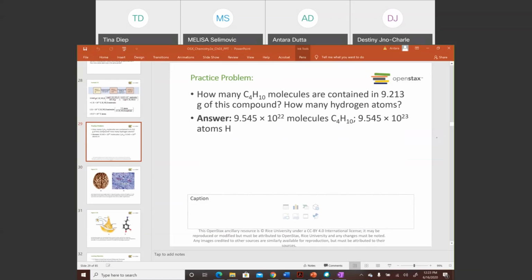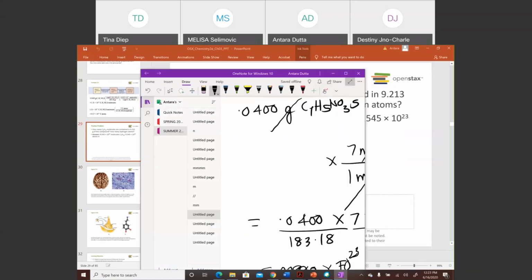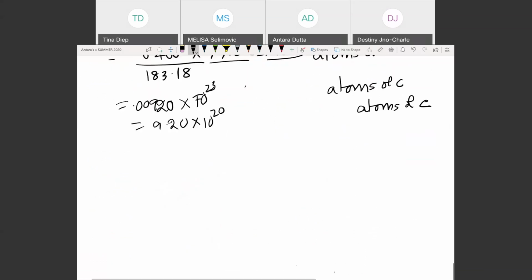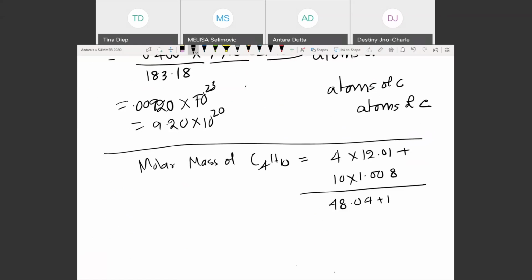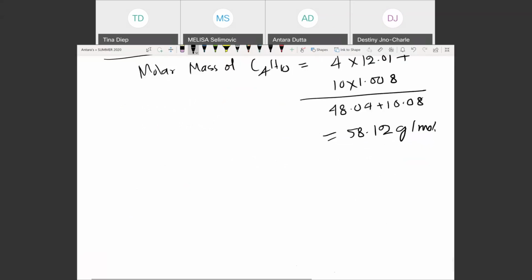Okay, shall I show here? Let me show. I'm doing molar mass first. Molar mass of C4H10: 4 times 12.01 plus 10 times 1.008. So I'm getting 58.12 grams per mole. That is the molar mass. I'm given 9.213 grams.